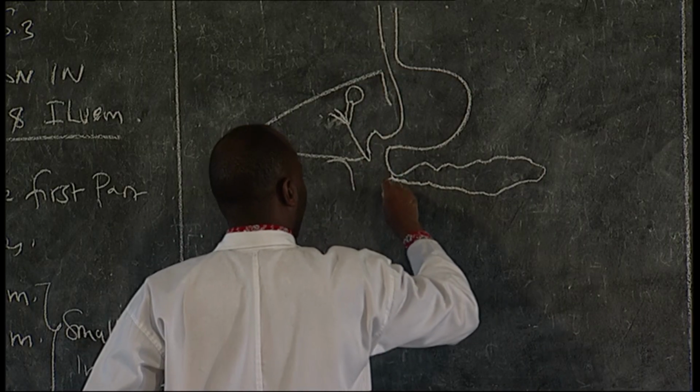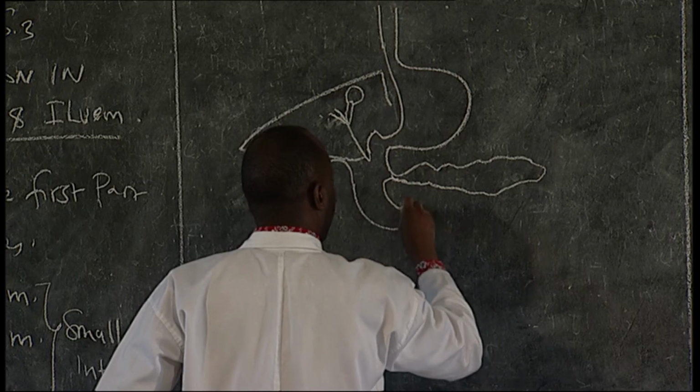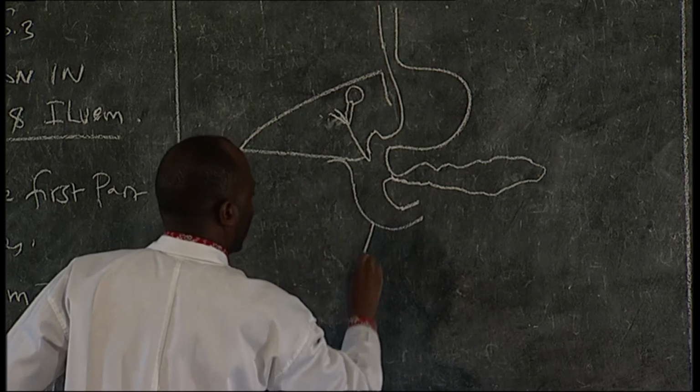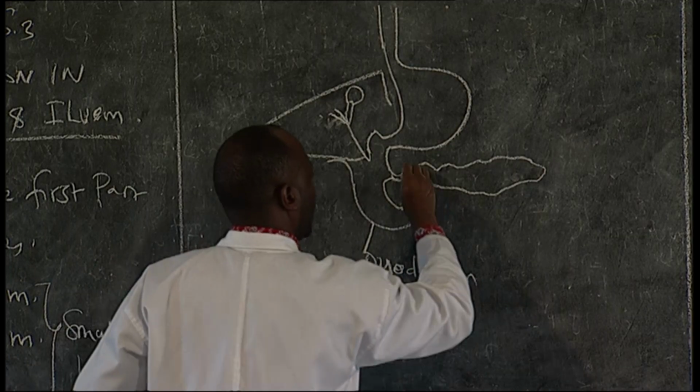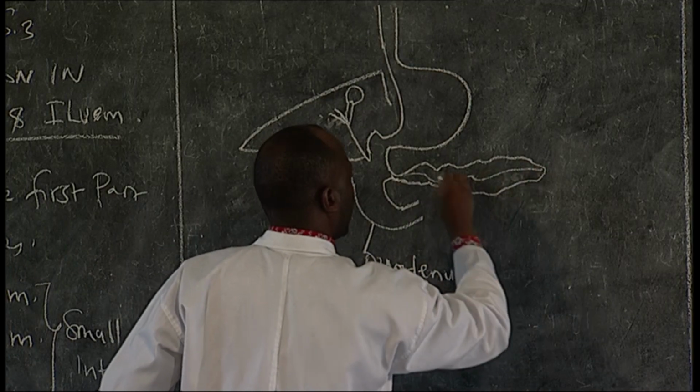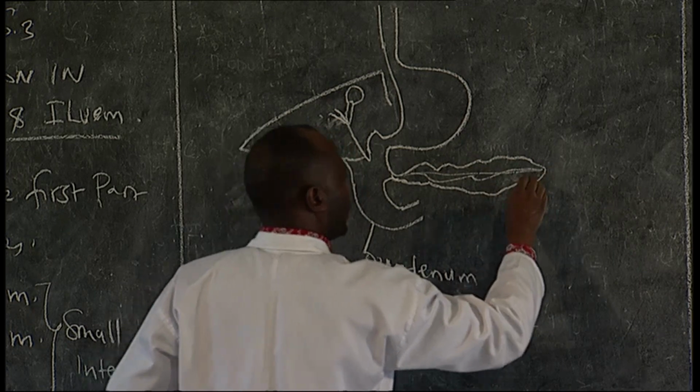From there, we have the first part of the small intestine, which is the duodenum. And this is the pancreas, as I try to figure it out.